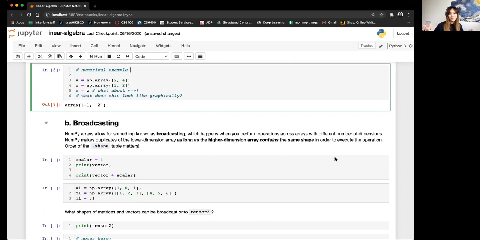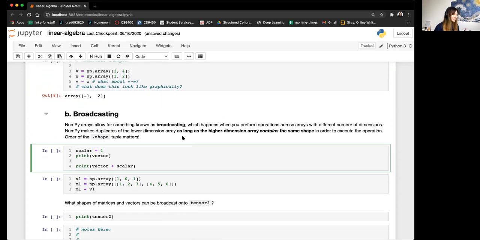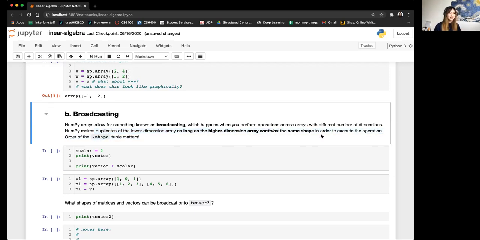Instead of doing things as a loop, you could essentially broadcast them. Broadcasting happens when you perform operations across arrays with different numbers of dimensions. NumPy will make a duplicate of the lower dimension array as long as the higher dimension array contains the same shape to execute the operation.